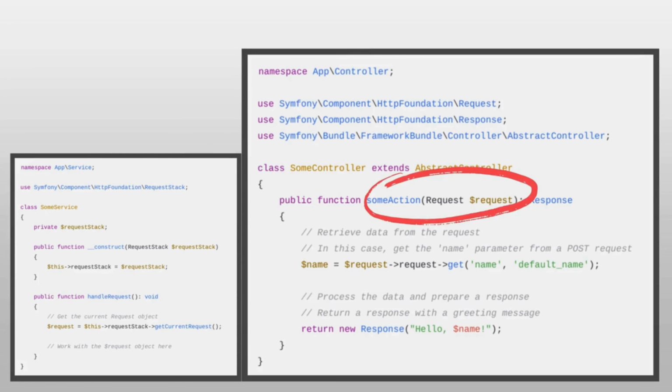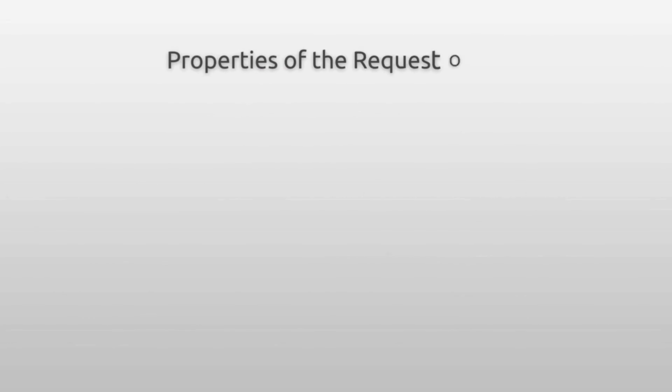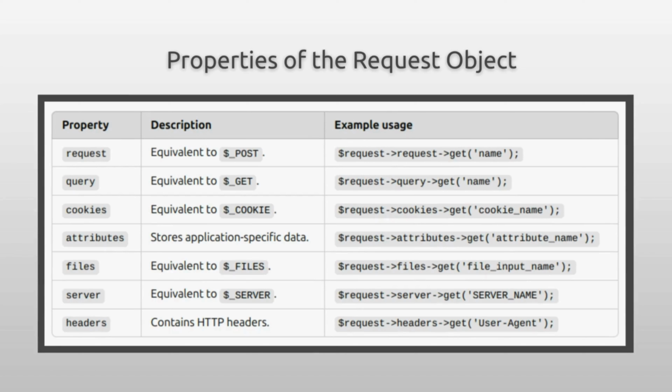Symfony made this exception because the request is a fundamental element of HTTP request handling, and controllers are directly involved in processing these requests. Properties of the request object. In Symfony, the request object provides access to data sent in an HTTP request.